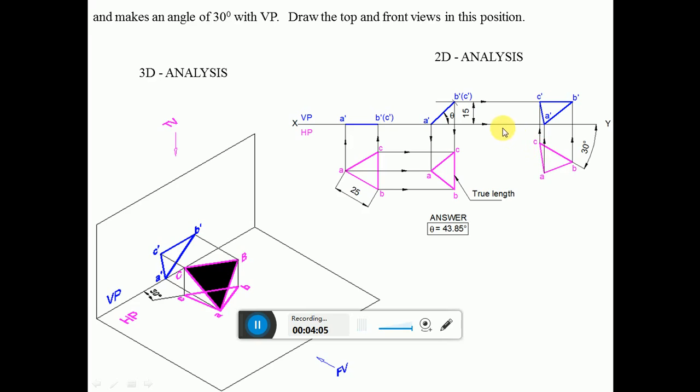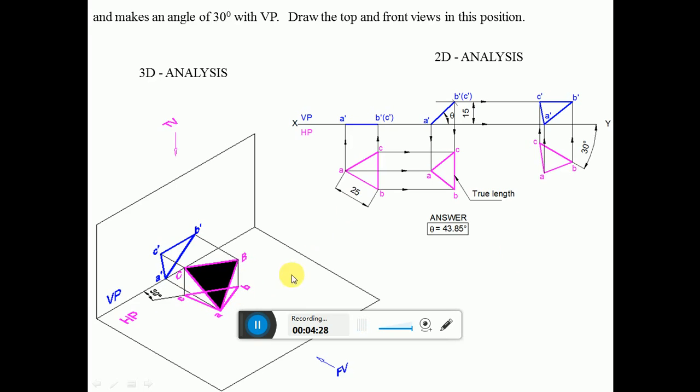On the XY line, this is the actual position we get in the final position, wherein BC is inclined at an angle of 30 degrees with respect to VP. This length is the true length because it is parallel to HP, and the inclination is also the true inclination, so you directly get that onto this line.